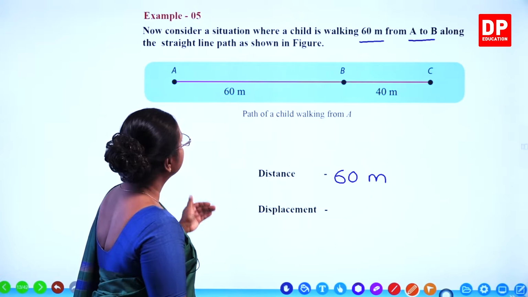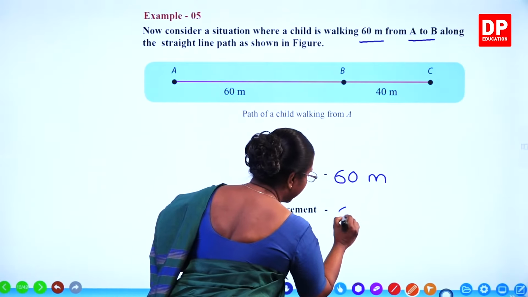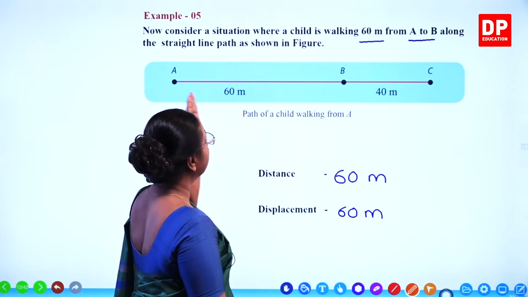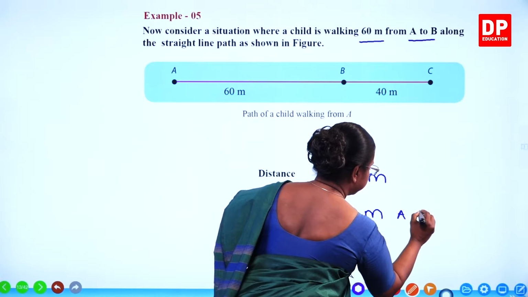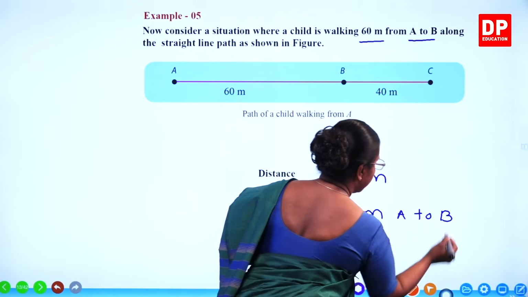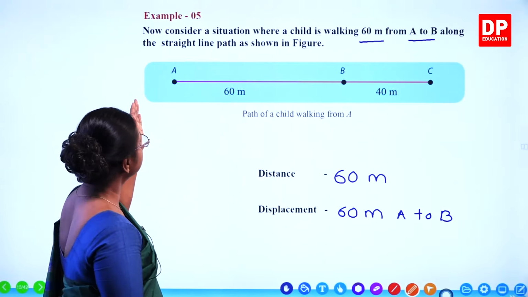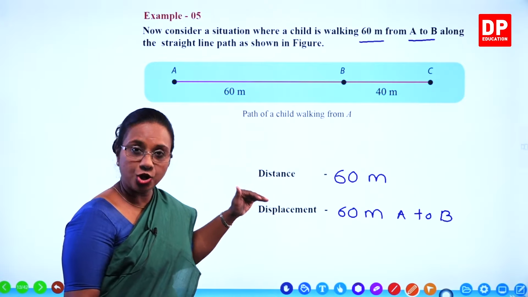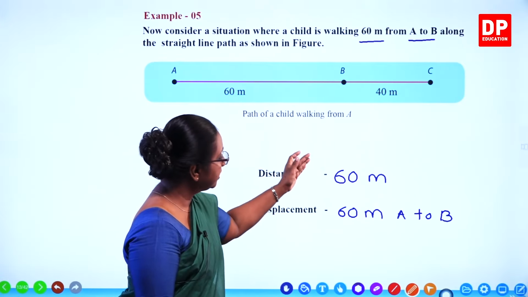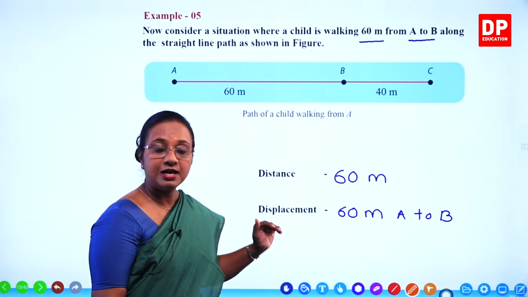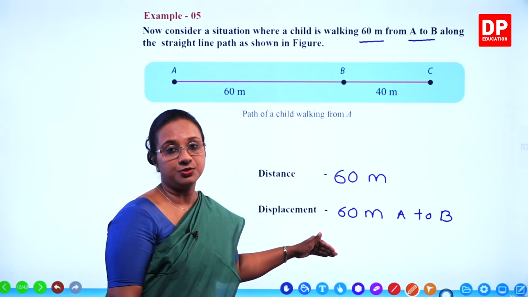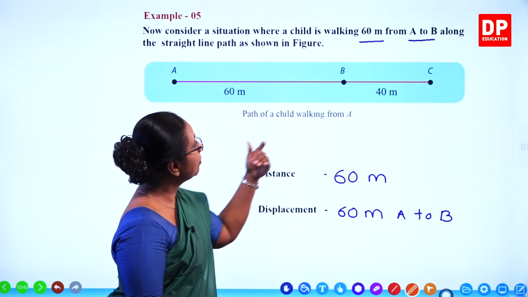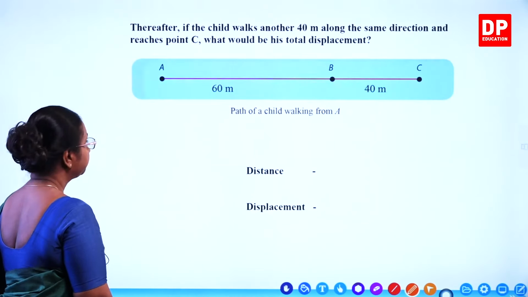But the displacement, again with the magnitude 60 meters and the direction from A to B. So here you can see, since it's a straight line path from one point to the other, that is the shortest distance. Therefore, the distance and displacement are the same in their magnitudes. But displacement has a direction.